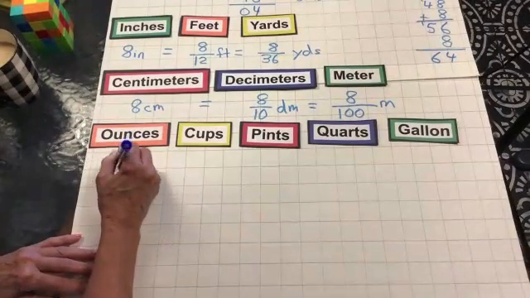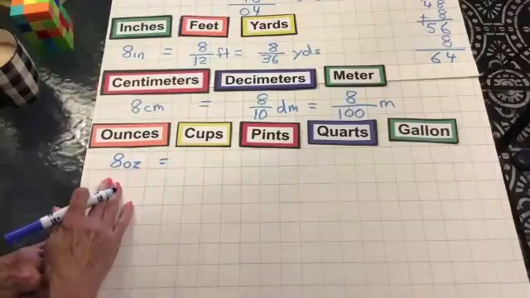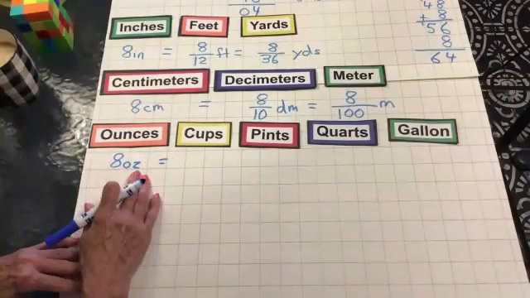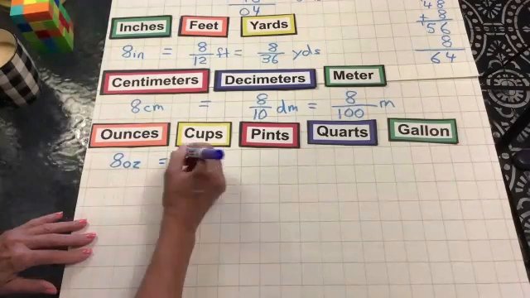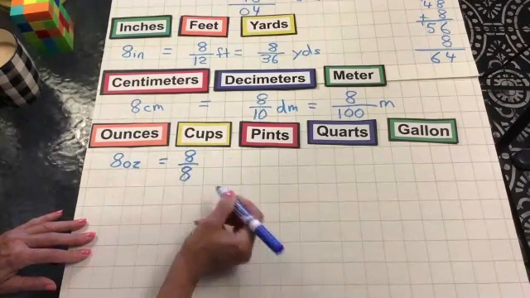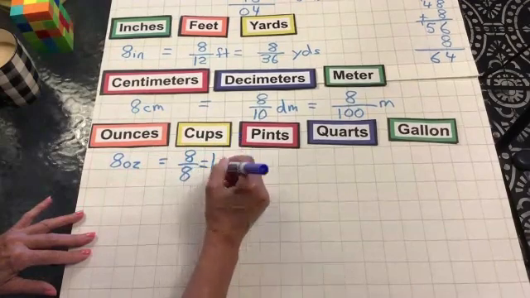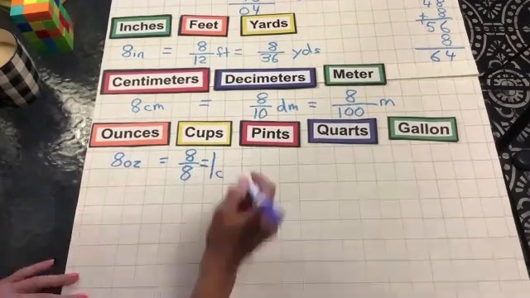So again, today is 8, so we have 8 ounces, and that is 8 OZs. And it takes 8 ounces to make a cup. Oh, look at that. So we have 1 whole cup today. How about that?